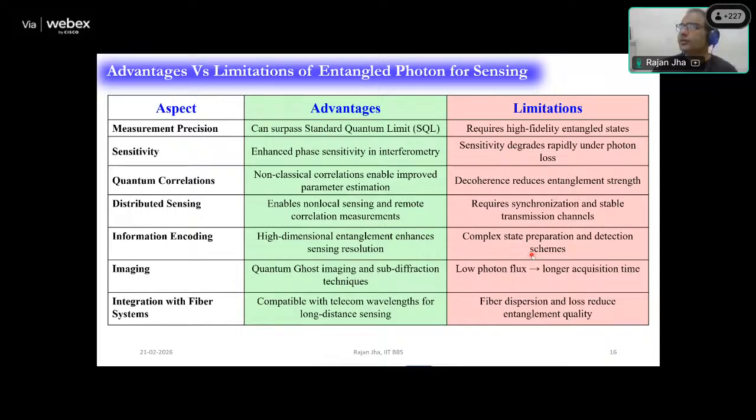Largely, we have seen that the price goes on rising from APDs to TES, and it of course offers advantages like low dark current count. Efficiency for APDs is lower than SNSPDs, but the price is also low. And the most important aspect is that APDs can work at room temperature, unlike SNSPDs and TES, which can only work at cryogenic and sub-cryogenic temperature.